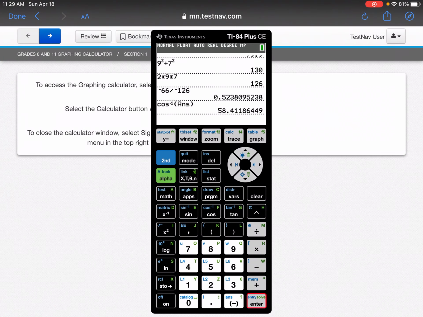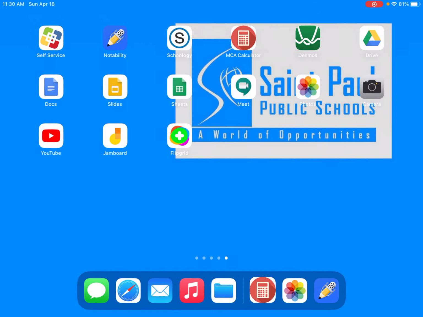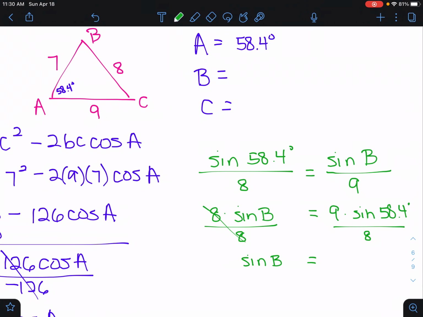I got 9 times sine of 58.4, hit enter. And I'm going to divide by 8. Don't forget to hit enter there. Okay, so that's 0.9518. Now I'm going to take the inverse sine of that answer, and that will give me my angle B.